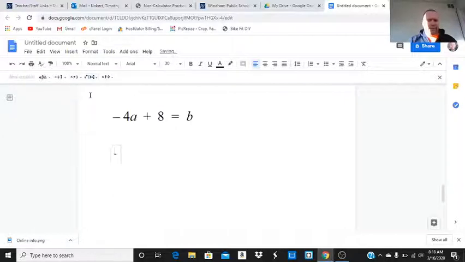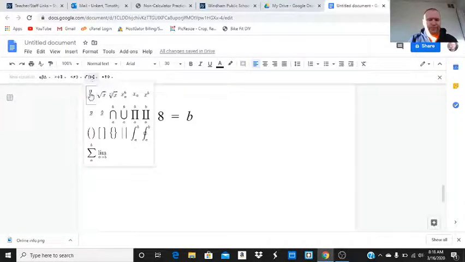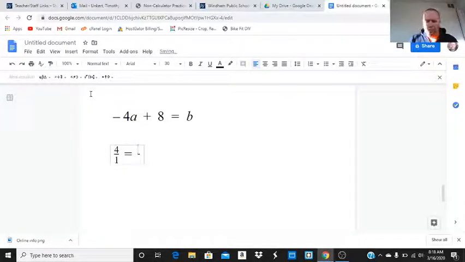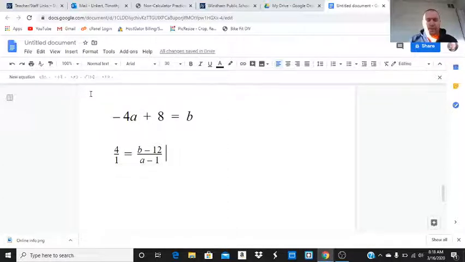So I'm going to set this up. We're going to have 4 over 1 equals B minus 12 over A minus 1. All right, we're going to cross multiply that.